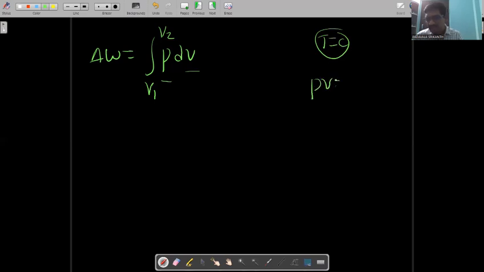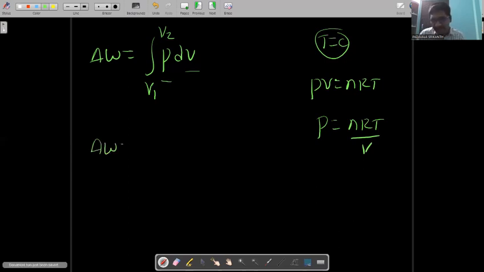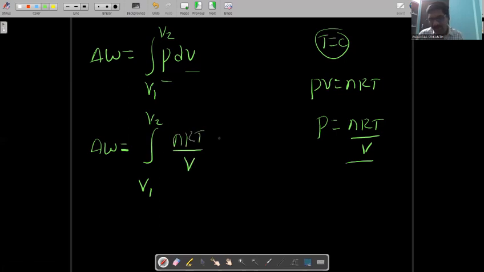So I can write PV equal to nRT. What is the value of P? I am writing it as nRT divided by V. So delta W is equal to the integral from V1 to V2 of nRT by V into dV.